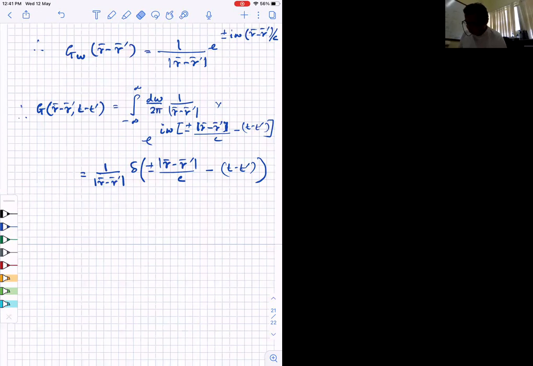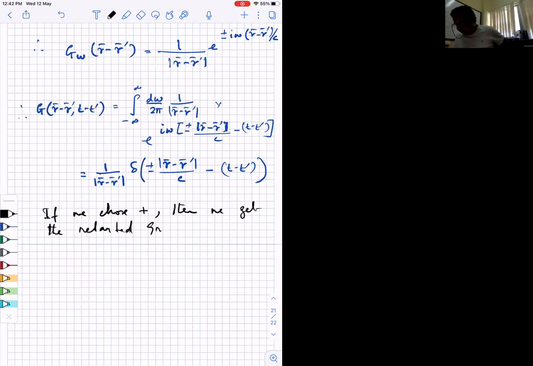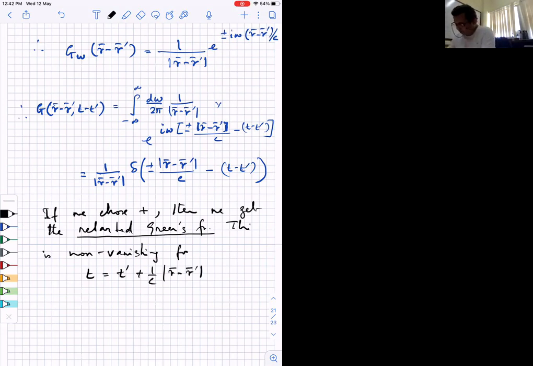So over here, as you can see, there are two choices, plus and minus. If we choose plus, then we get the retarded Green's function, and this one is non-vanishing for t equal to t prime plus 1 by c, r minus r prime.